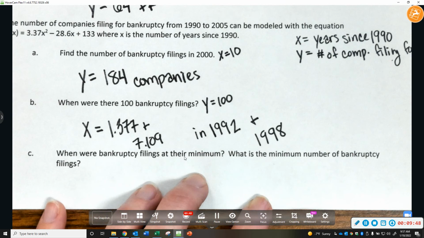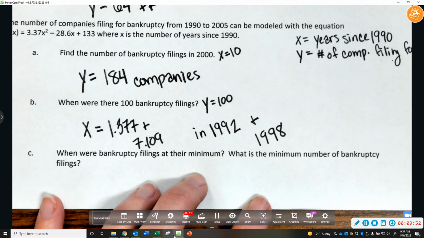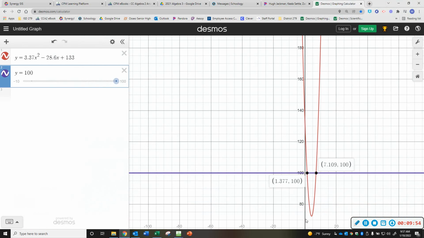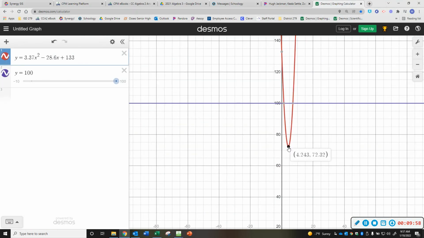When were the bankruptcy filings at their minimum, and what was the number of bankruptcy filings? So that means when, so I want to look at this minimum here. So that is when I can write out 4.243, 72.32.